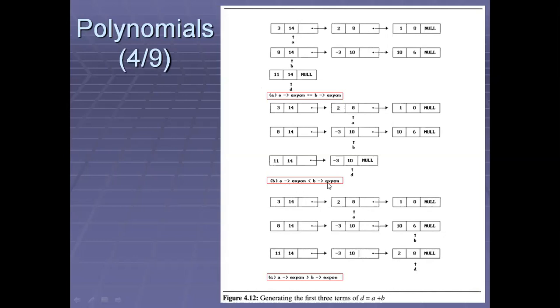Previously, A's exponent was less than B's exponent, A's exponent is 8, B's exponent is 10. Since A's exponent was less than B's exponent, I copied B's term. Now A's exponent is greater than B's exponent, so I will copy the other one. Which is the less one here? Minus 3, 10 was the less one.